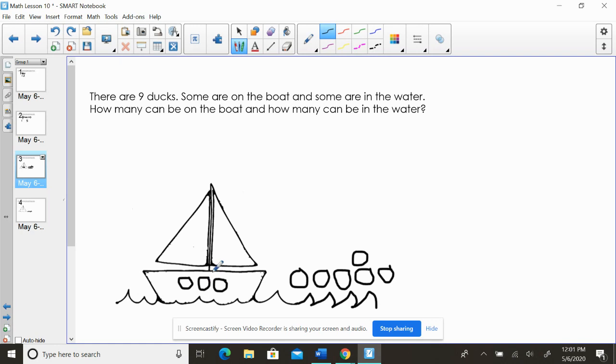1, 2, 3, 4, 5, 6, 7, 8, 9. So now I'm going to look at the boat. How many ducks do you see on the boat? Very good. There are 3 ducks on the boat.